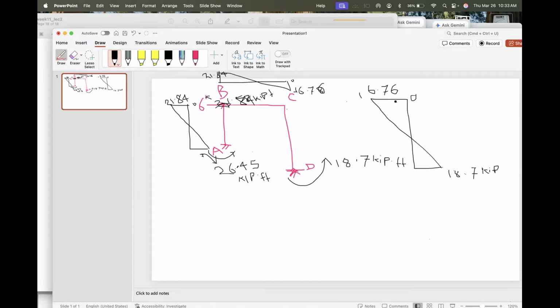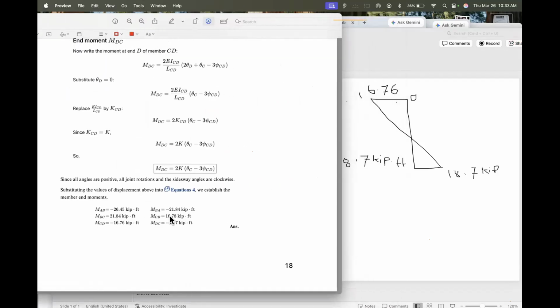Make sense? So in that way, if you have a frame and you just compute the moment for all the bars, look at this one, M_AB, M_BA, M_BC, M_CB. So here it's 6, it's not 8. Then in CD, DC.